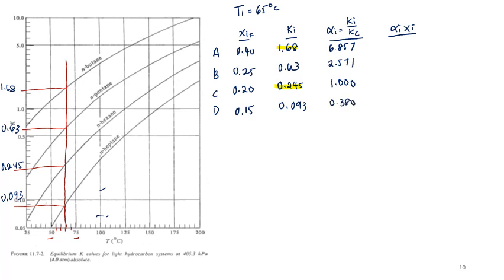So next you want to calculate the product of alpha i and xi. So just multiply these two values in each row, and you shall get some numbers.